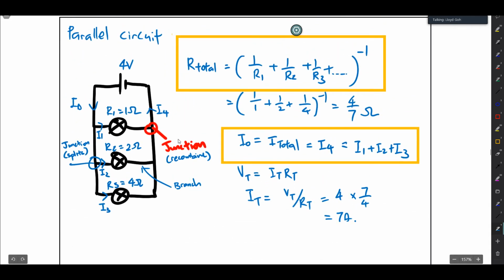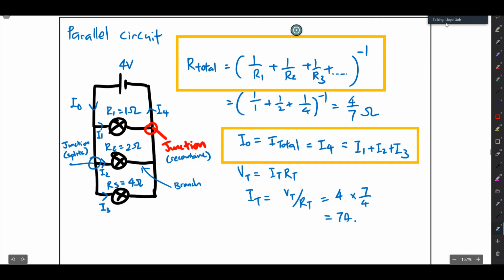So this is the idea of I total. The I total is 7 ampere, which is I1 plus I2 plus I3. Now remember the very first animation I showed you, saying that when V is constant and my R increases, my I decreases. It kind of applies here.